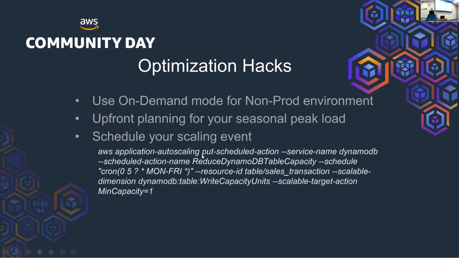Here I'm adding a scheduled action, and it is going to be triggered at 5 a.m. UTC, every Monday to Friday, and it will set the minimum capacity to 1, because we know that at night nobody uses it. So you can do all kinds of optimization with provision mode.